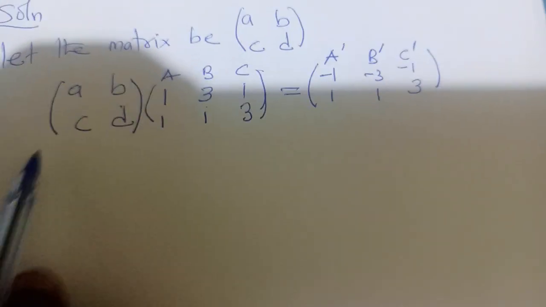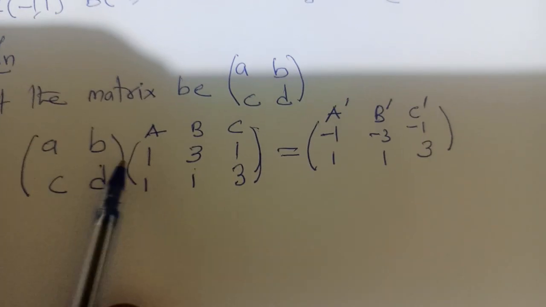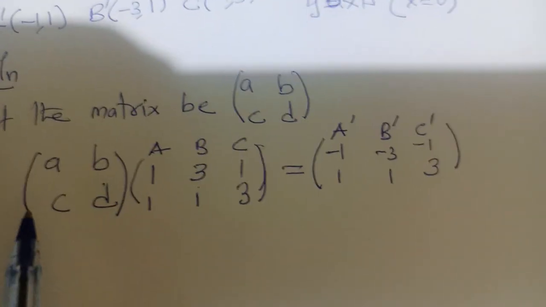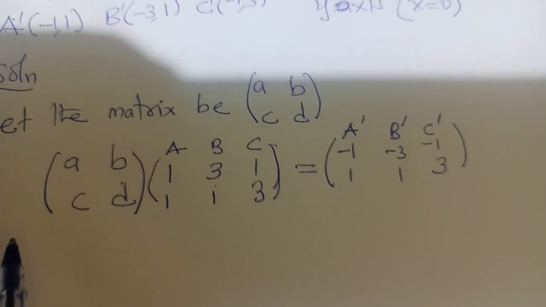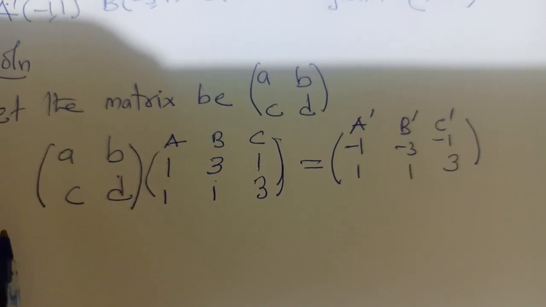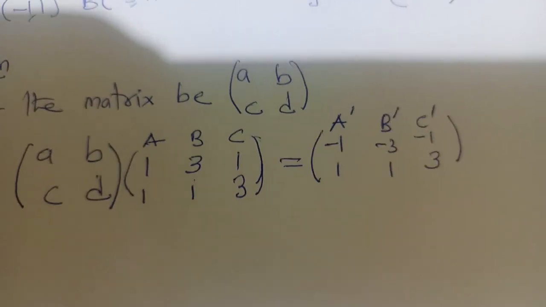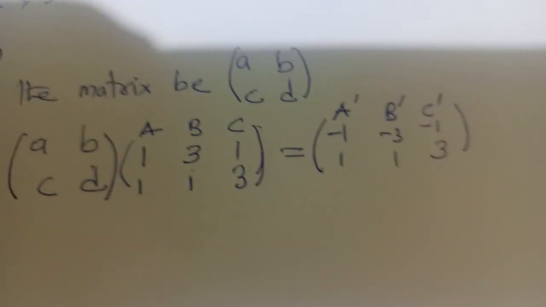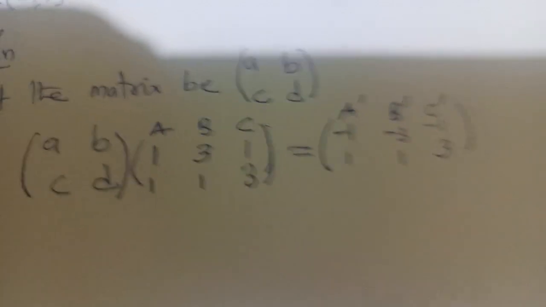So here, we'll perform the normal multiplication of matrices. Since we have 4 unknowns, according to algebra, we must also have 4 equations in order to solve them. So let's go.